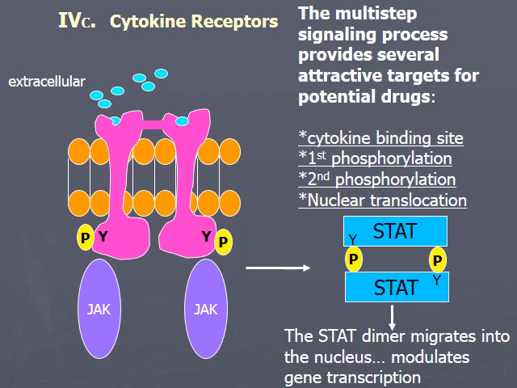So we can target various places in the pathway: the cytokine binding site, the first phosphorylation, the second phosphorylation, nuclear translocation. These would all be places that could be sites of novel drug development if we were to discover a drug that could slow down or inhibit the JAK-STAT pathway without being otherwise toxic to the rest of the body, which is always a concern for any drug that's being studied.